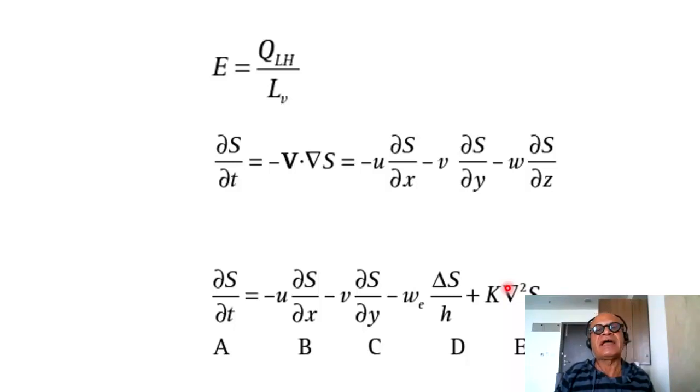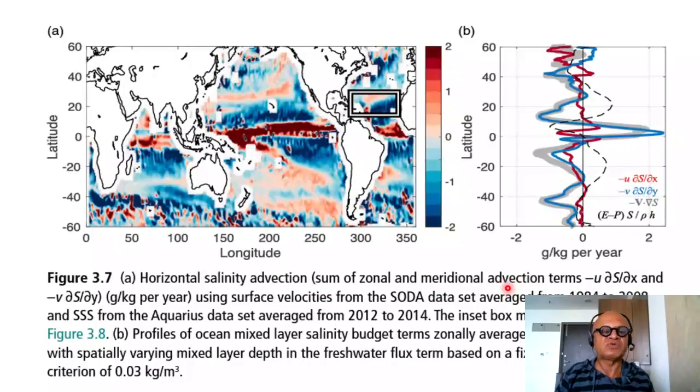Thermal diffusion and haline diffusion are very different in order of magnitude, which has consequences for how salinity gets mixed down and how temperature gets mixed down, and how that can create density gradients and density driven currents and so on and so forth.